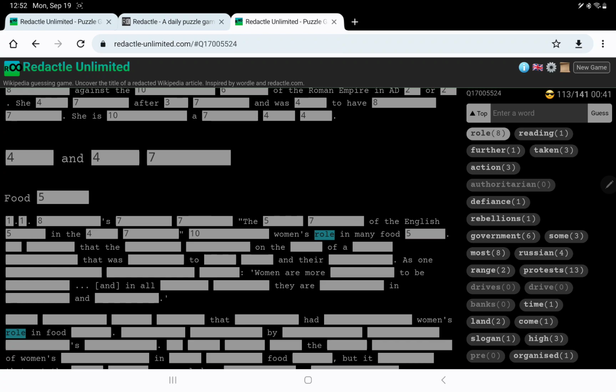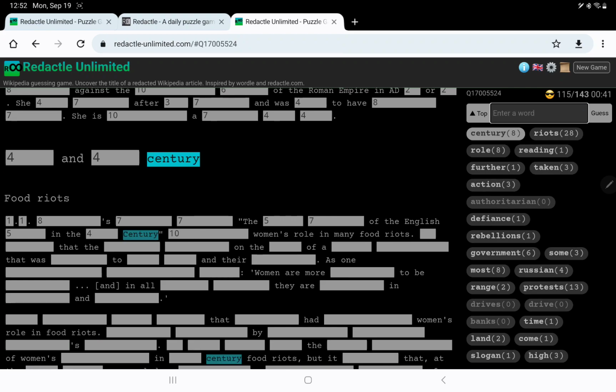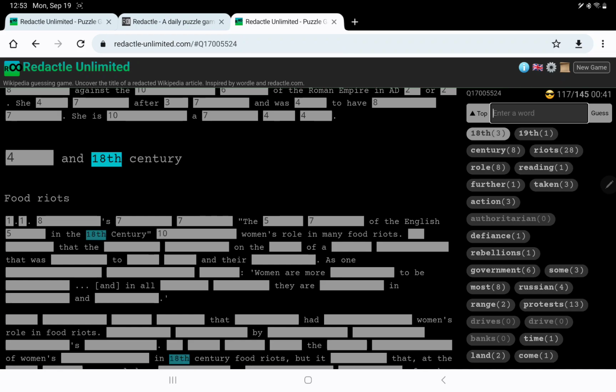Many food 5. Oh, riots, maybe. Yeah, okay, that's the food riots. The 5, 7 of the English 5 in the something century. Okay. 19th, 18th. Okay. How about 17th and 18th century?